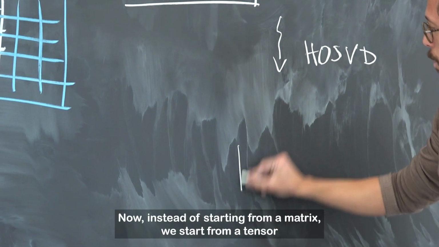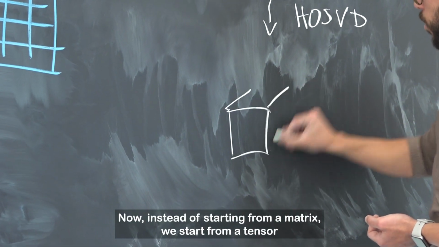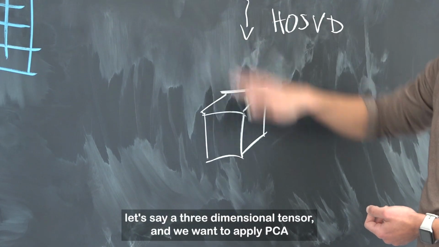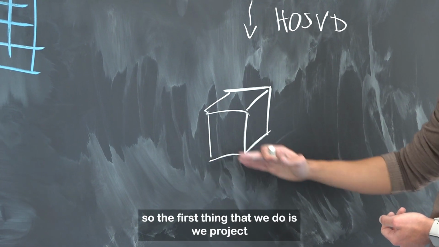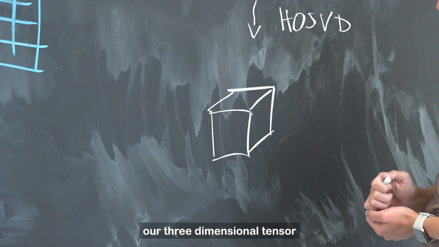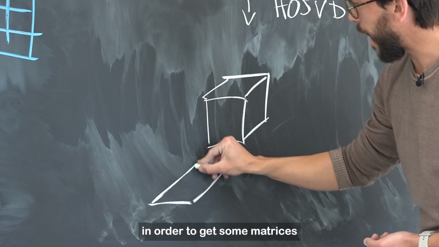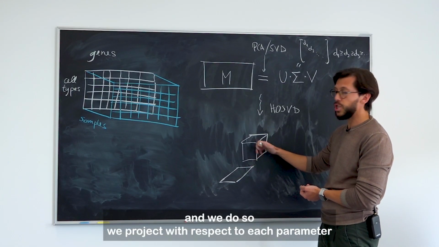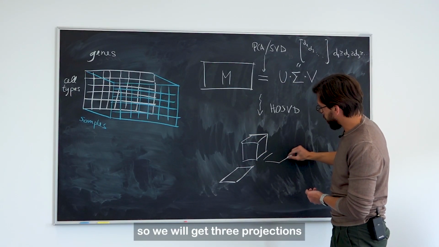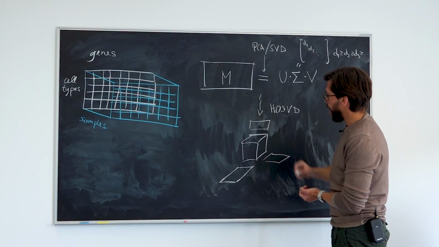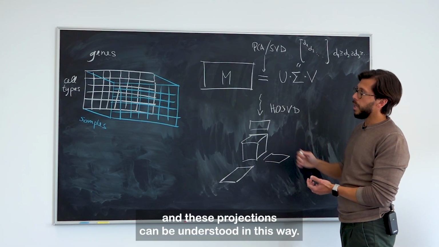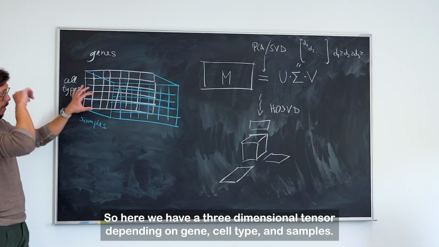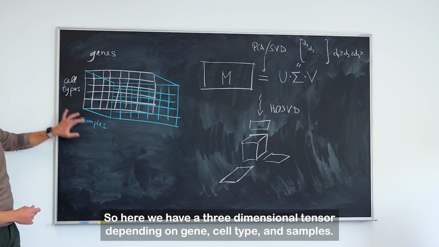Now, instead of starting from a matrix, we start from a tensor, let's say a three-dimensional tensor, and we want to apply PCA. So the first thing that we do is we project our three-dimensional tensor in order to get some matrices, and we do so by projecting with respect to each parameter. So we will get three projections, and these projections can be understood in this way. Here we have a three-dimensional tensor, depending on gene, cell type, and samples.